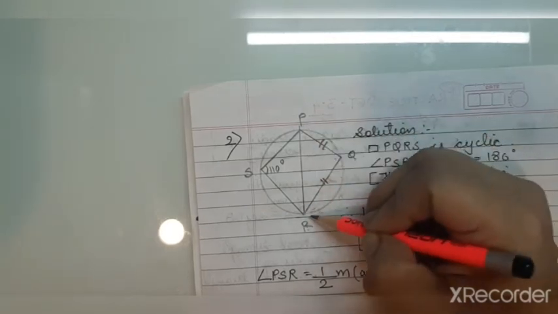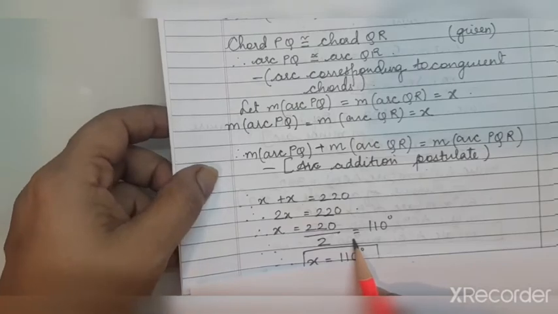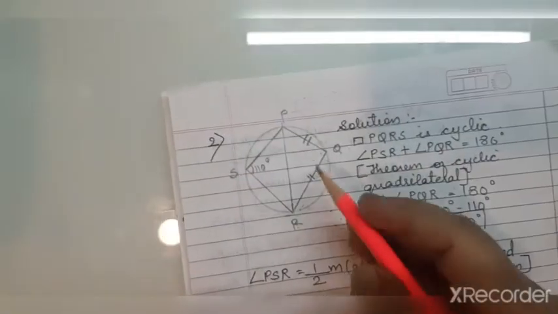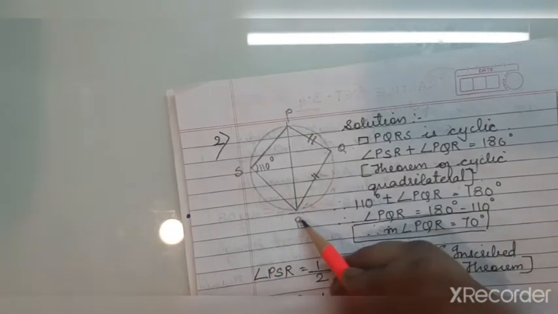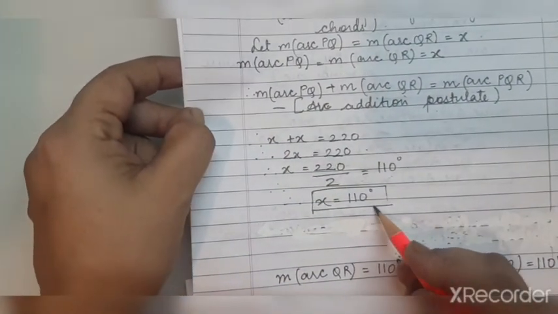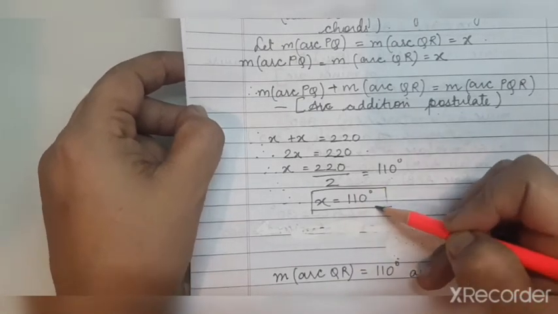Therefore 2X is equal to 220. Therefore X is equal to 110. We have considered X as arc PQ and arc QR, and we have to find QR. So arc QR is nothing but 110 degrees. And this is the third one.